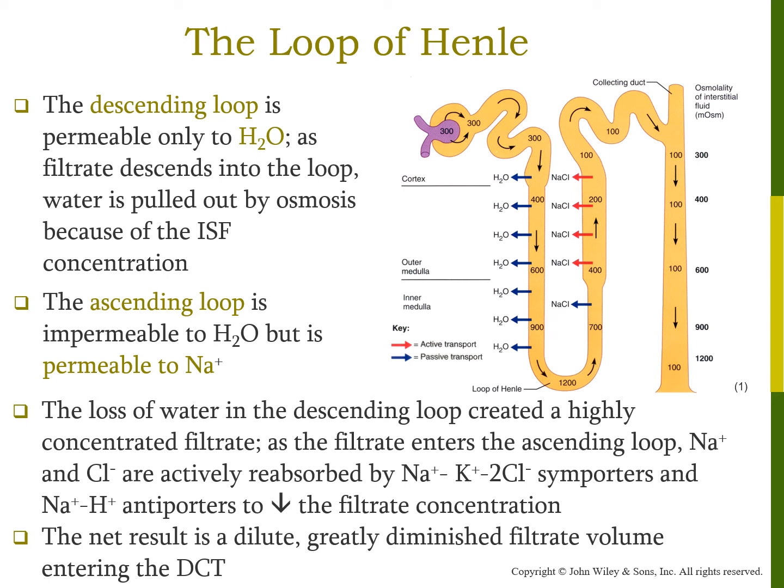However, the potassium tends to diffuse back into the filtrate, so the reabsorption is essentially that of sodium chloride. More sodium chloride is reabsorbed than water in the descending limb, so this greatly diminishes the osmolarity of the filtrate as it leaves the ascending limb and enters the distal convoluted tubule.